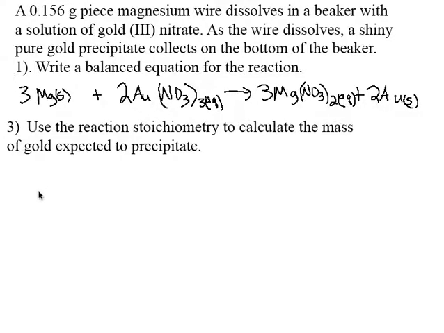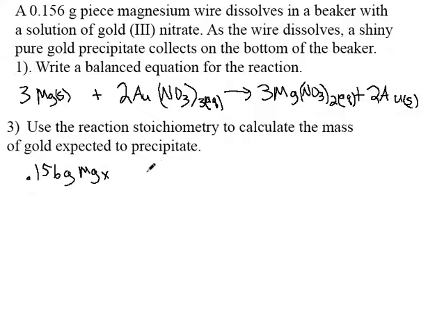So we always want to start with what we have, and what we have is a piece of wire that's 0.156 grams of magnesium. The first conversion that we're going to do is to convert into moles of magnesium.